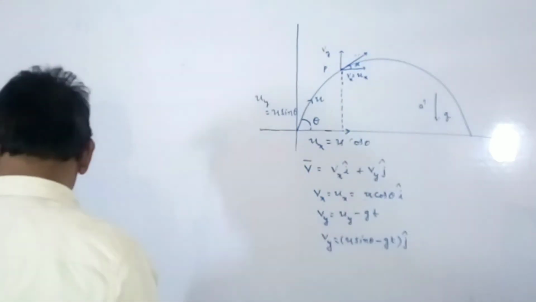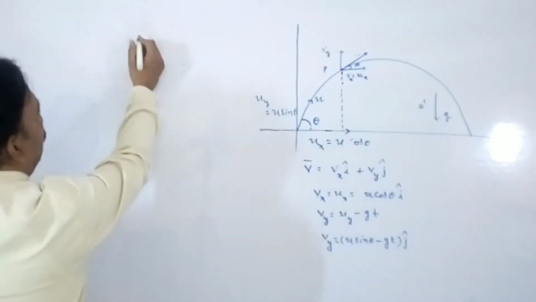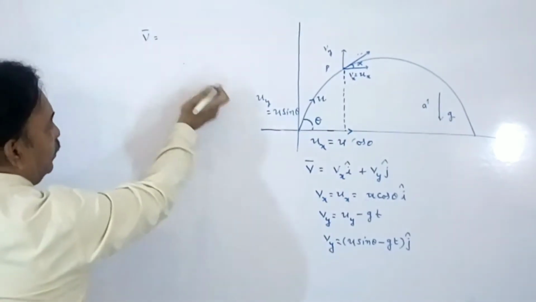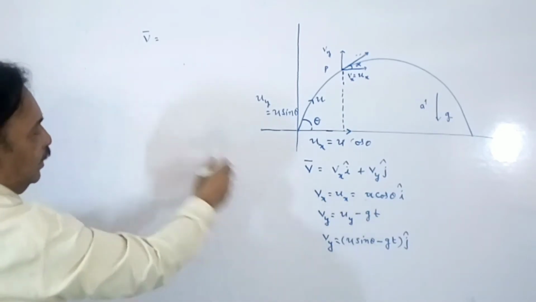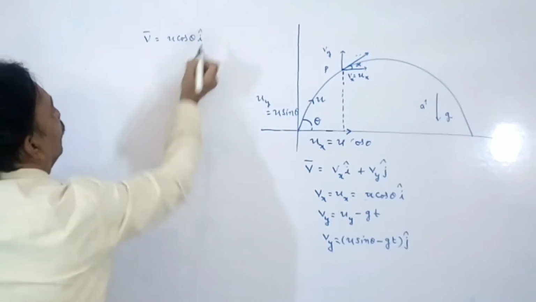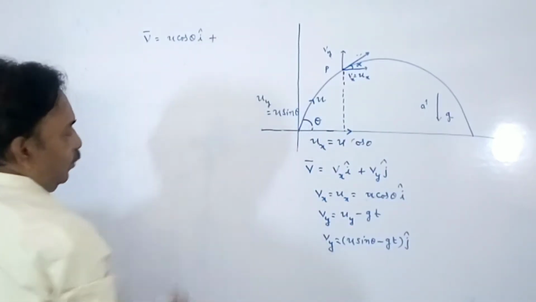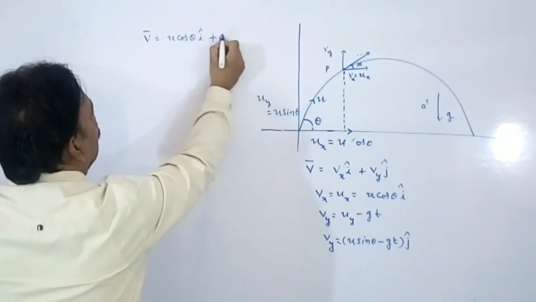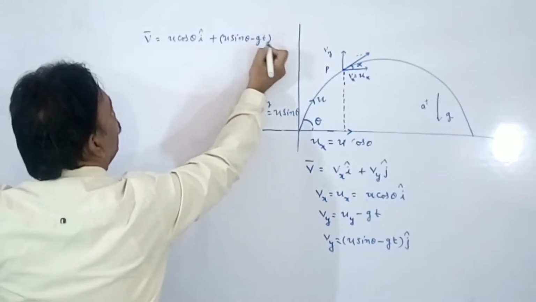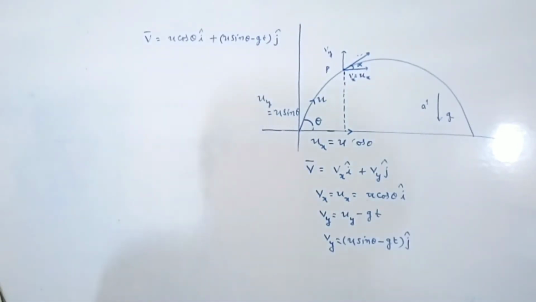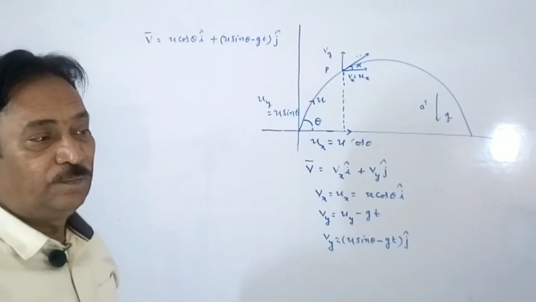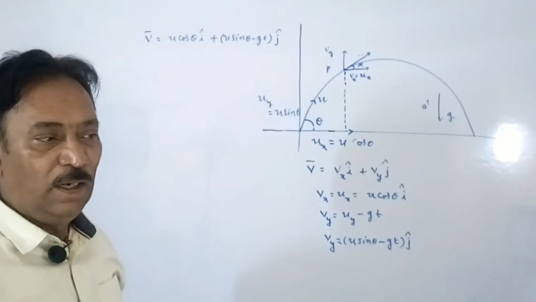Together we can write the velocity v bar equal to vx i cap, that is u cos theta i cap, plus u sin theta minus gt into j cap. It is the velocity of the projectile at that point.